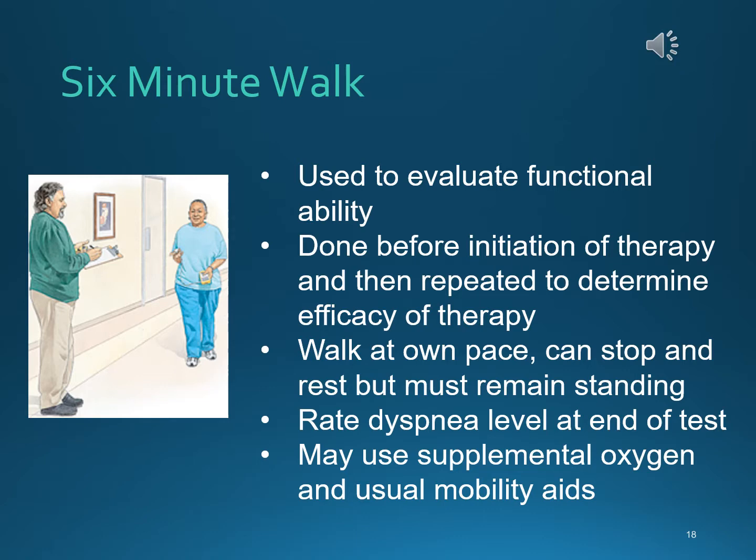They can use their usual mobility aids if they use a cane or a walker or whatever. Some people do this with oximetry during the test. Some people do it without oximetry during the test, and they measure the pulse ox and vital signs before and after. So again, real simple test that almost anybody can do and has really good value for evaluating the efficacy of therapy.